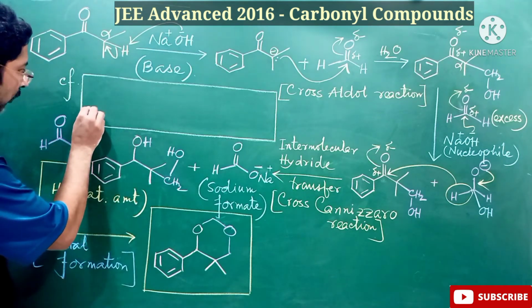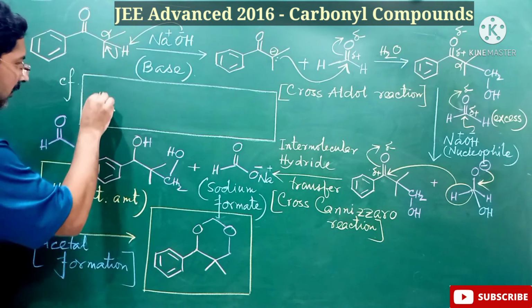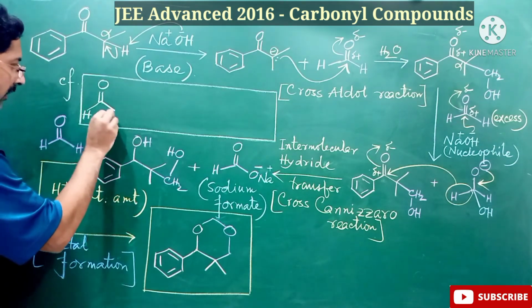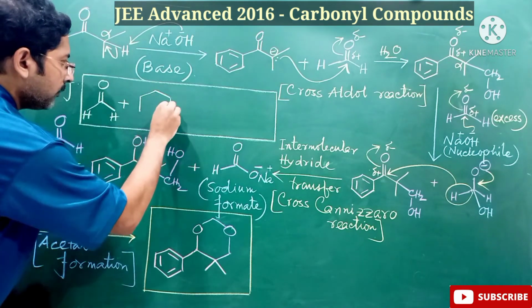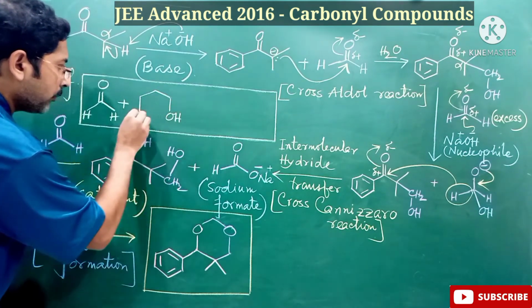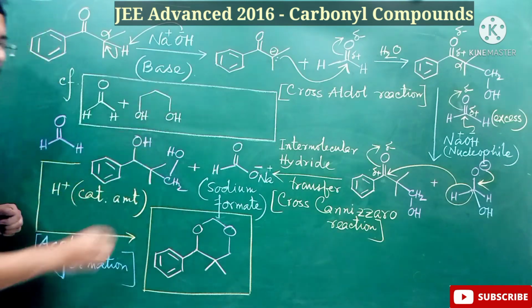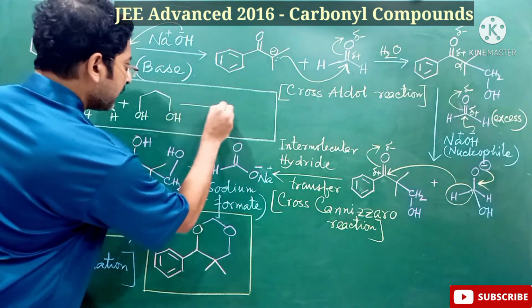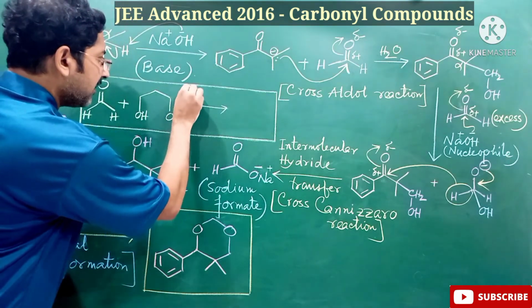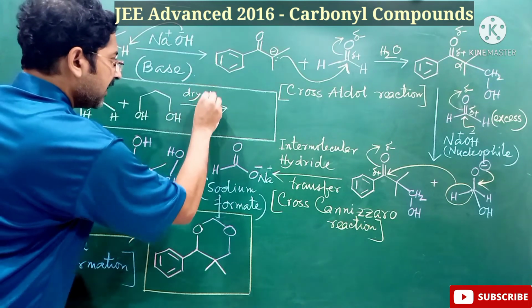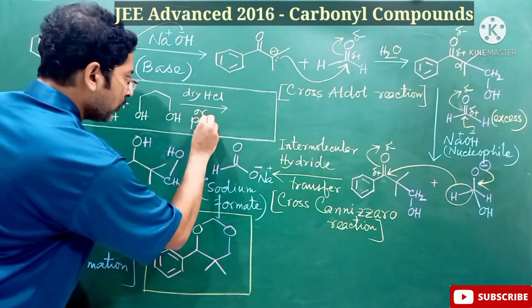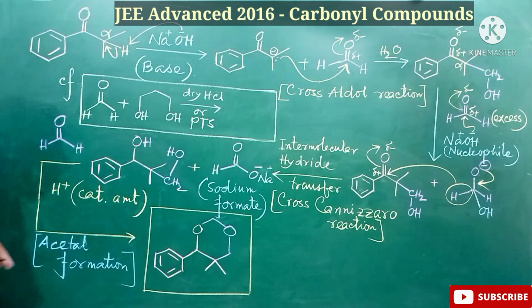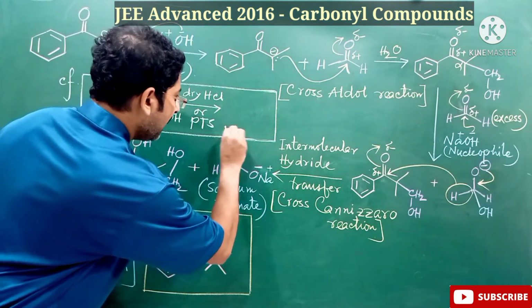Look, formaldehyde molecule, this one, can react with a molecule like propane 1,3-diol in presence of say dry HCl, right, dry HCl or PTS, this is para-toluene sulfonic acid, to form acetal like this one.